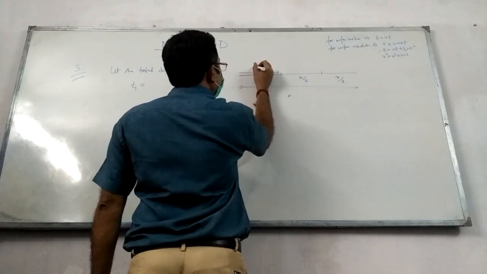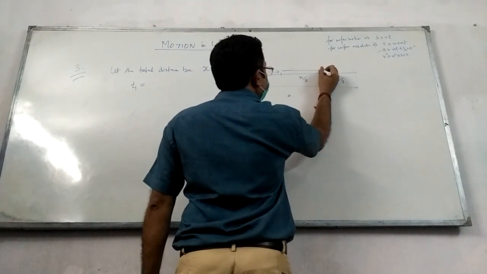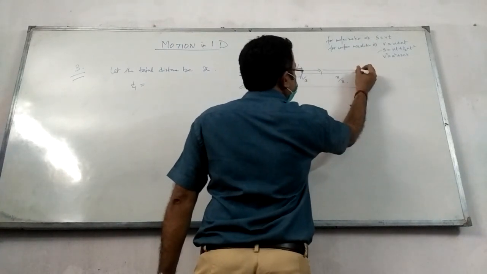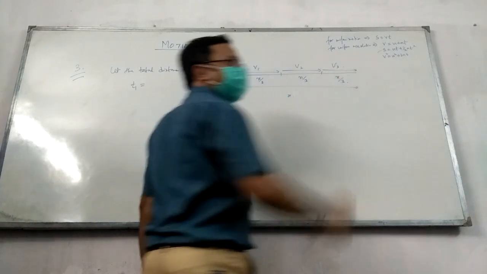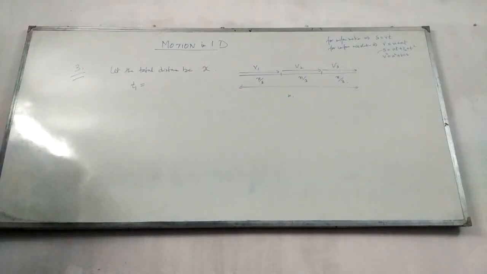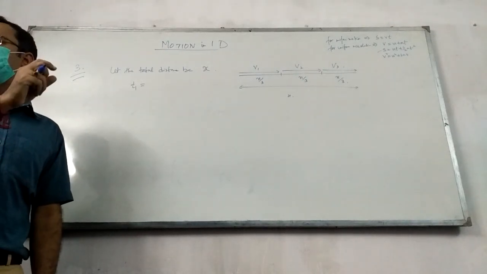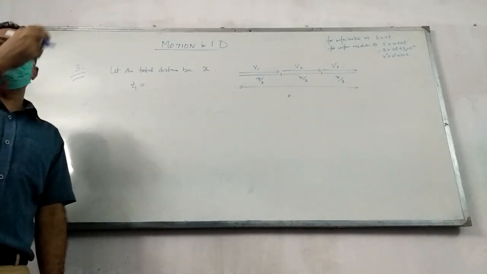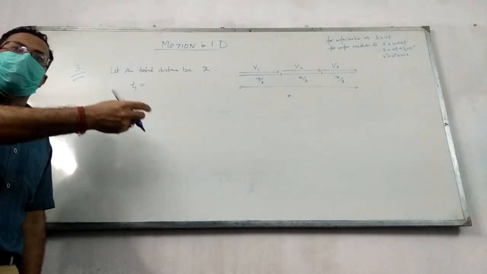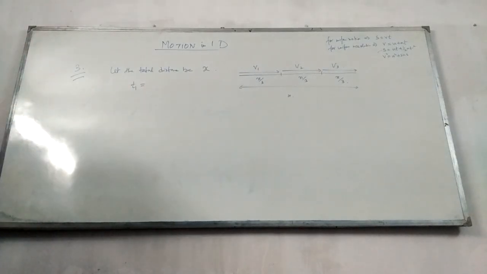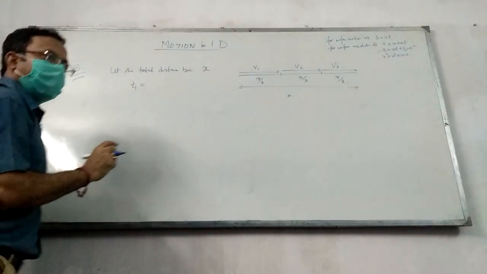This part is traveling with the velocity v1, this part with the velocity v2, and this part with the velocity v3. So what do we need to do? We need to individually find out the 3 time intervals: the first, the second, and the third. Then it is total distance by total time. So that's it.